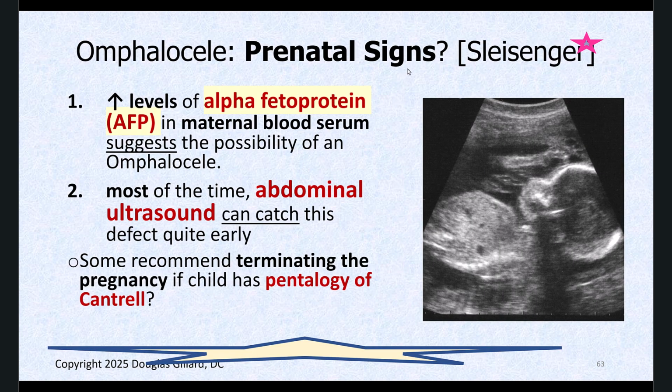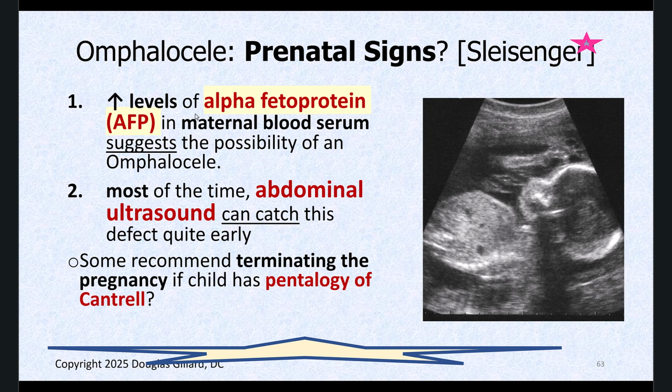How about some prenatal signs of omphalocele or other members of the pentalogy? Alpha-fetoprotein. So that's part of a normal maternal workup, and they can test for it. It's a blood test. And it's not good if the levels are elevated.